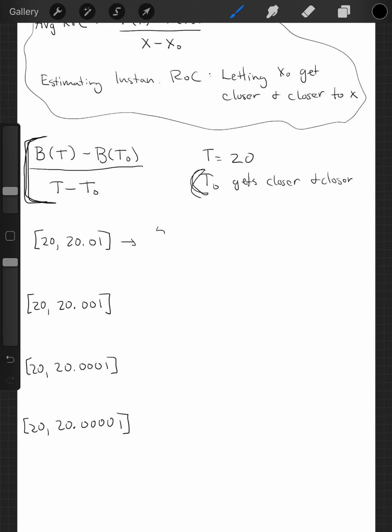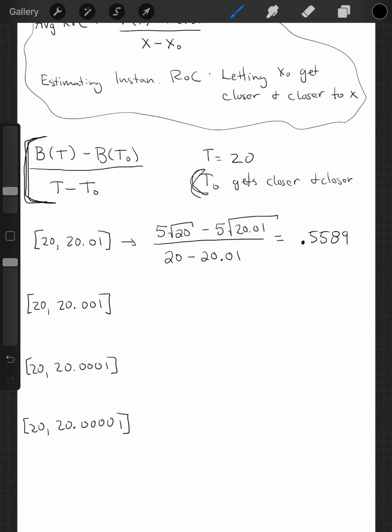So I'm going to plug in: b of 20 minus b of t naught, plugging in the other number, all over 20 minus 20.01. I plug that into my calculator and I get 0.5589.